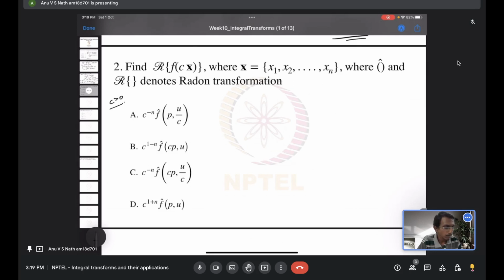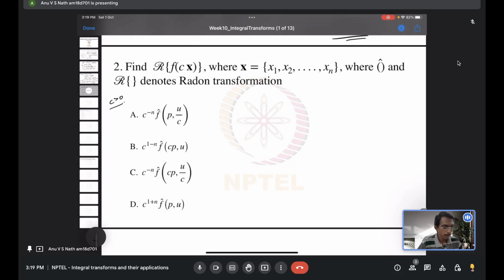So actually a similar version is already given in the lectures as a property, properties of the Radon transform. So here I'm just asking again how you can show this. So you can try this.